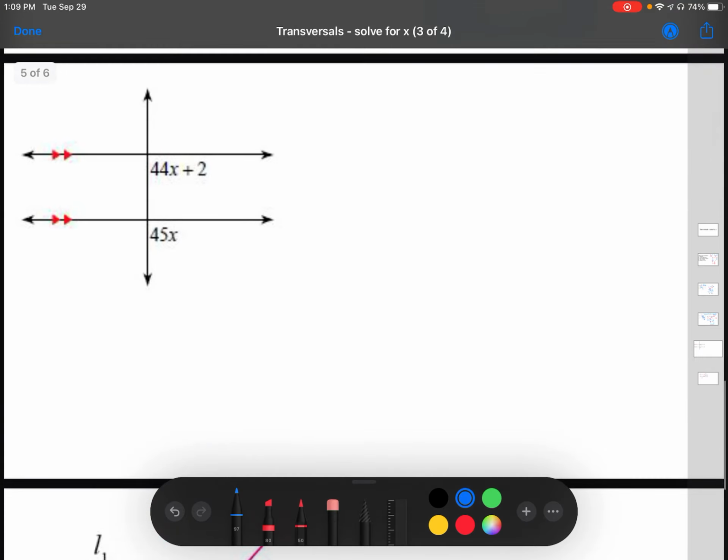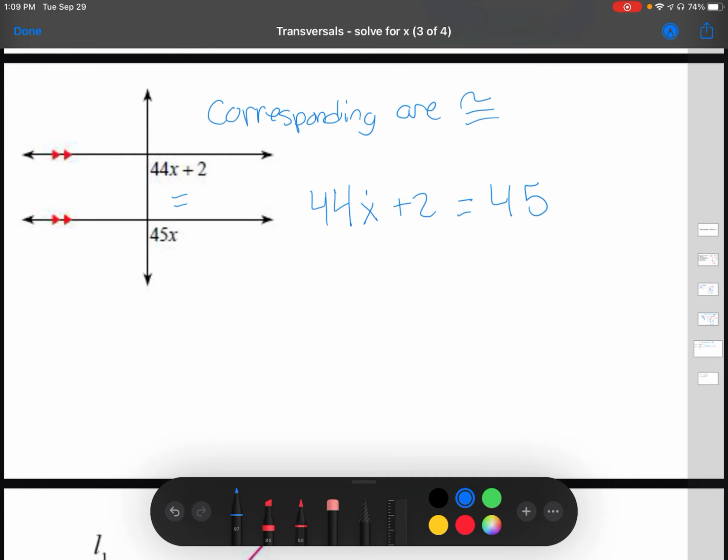So I'll keep going. I'll do a couple more examples here. Step 1, angle pair. These are corresponding, and corresponding angles are congruent. So angle equals angle. So 44x plus 2 equals 45x. Right? So solve for x using the steps.